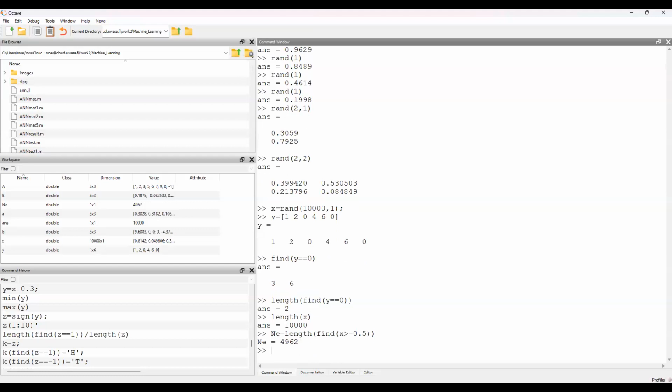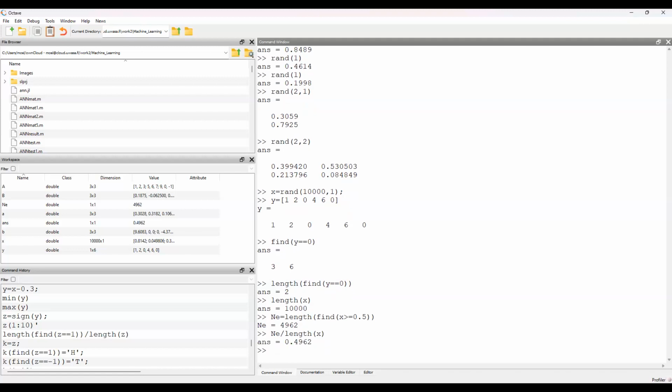Of course, simply you just divide NE, the number you are looking for, by the total number of elements, which is 10,000, or you can just write length of x. So this is the probability. The probability that you got numbers greater than or equal to 0.5 will be 0.4962. Of course, it is very close to 50%, very close to 50%.